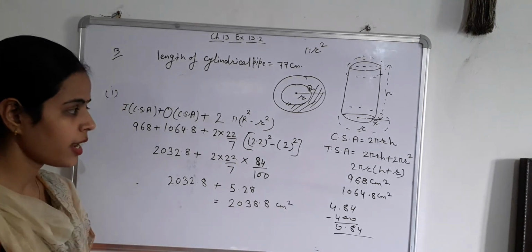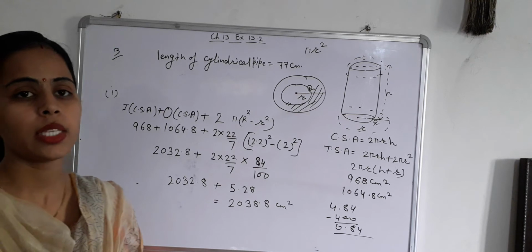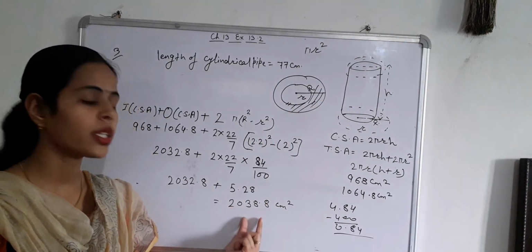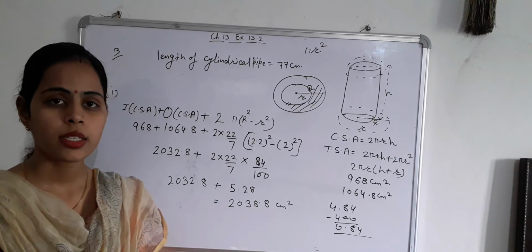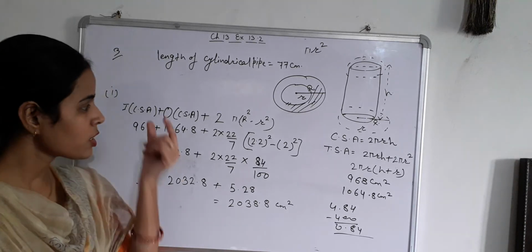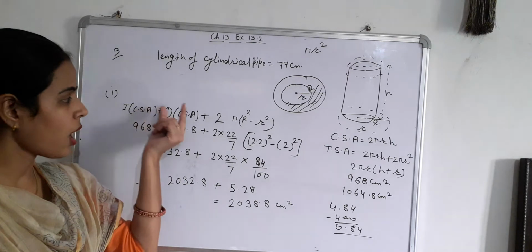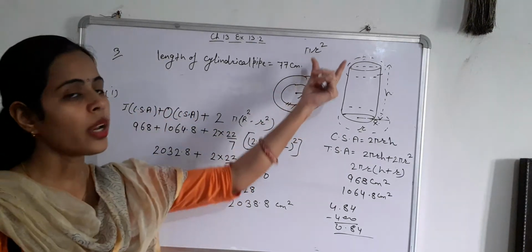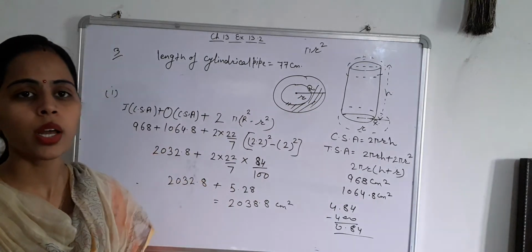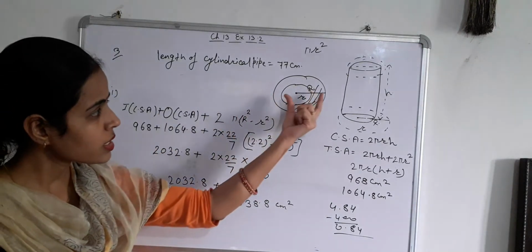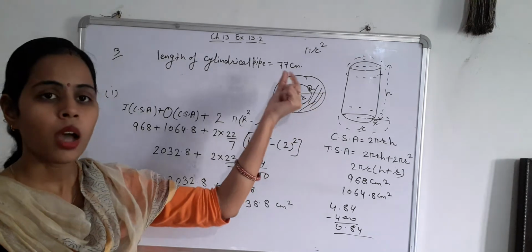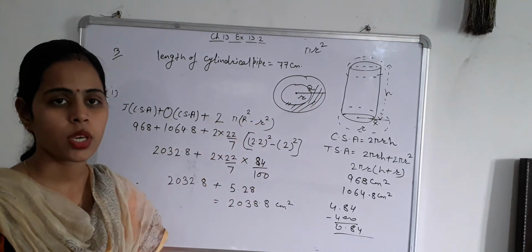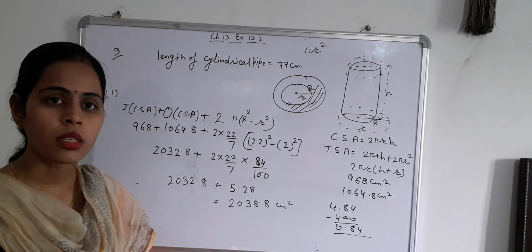So we can say that the total surface area of this cylinder will be equal to 2038.8 centimeter square. First find inner covered surface area, outer covered surface area, then add the area of two circular rings, having inner radius and outer radius. So 2 pi R square minus r square. Question number 3 is complete.